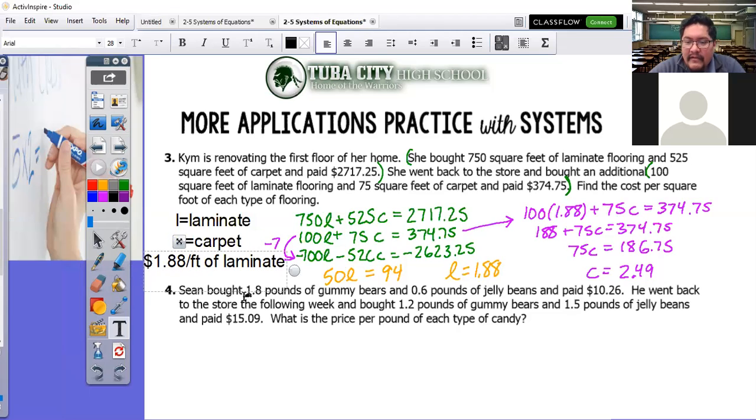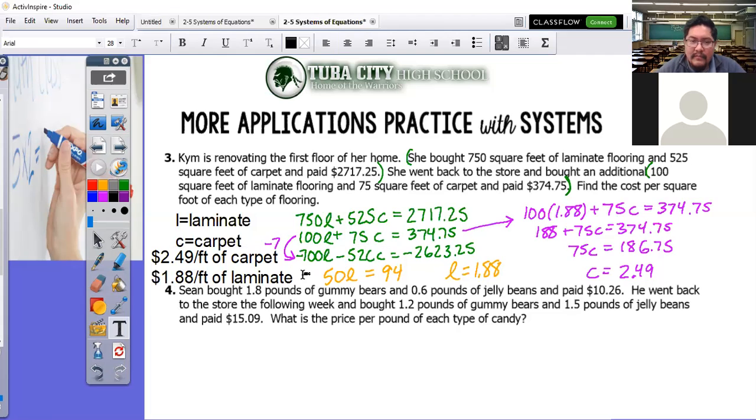And then here we have $2.49 per foot of carpet. I'm going to switch sides so that I can fit it without going over any of the writing I had before. And there we go, so that one is done.